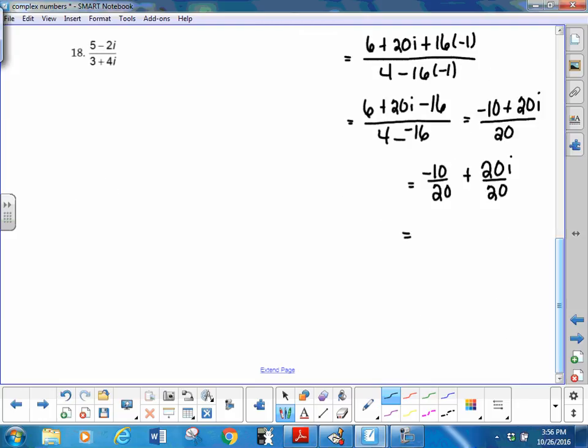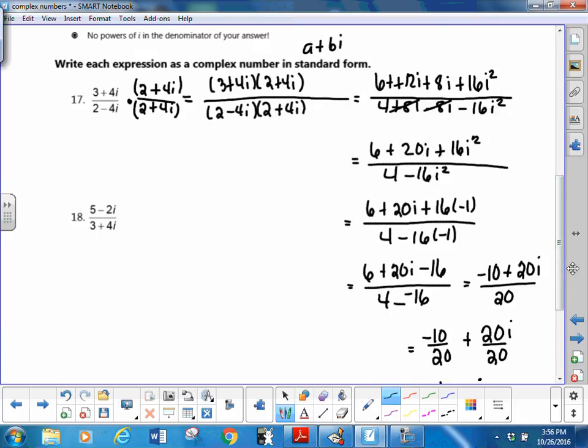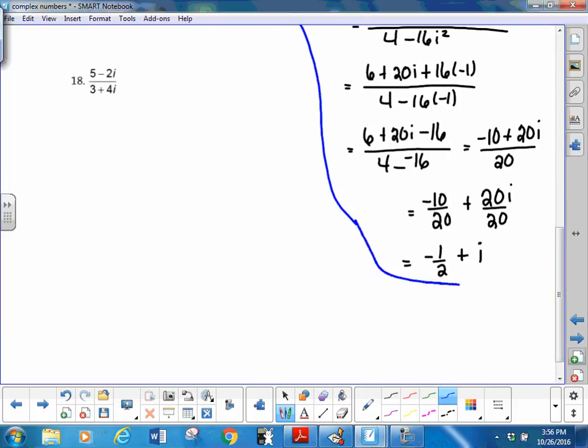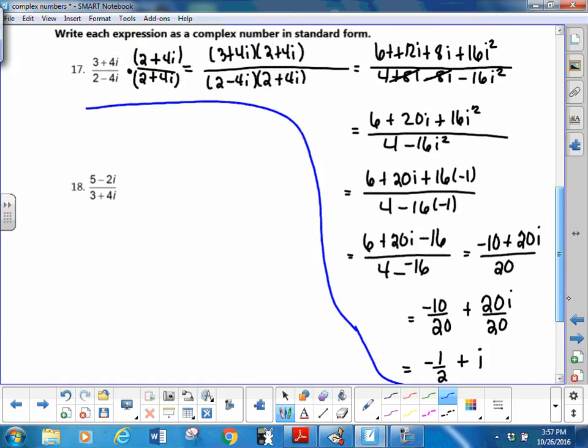And then it's pretty simple to see how it simplifies. 20 divided by 20 is 1, so that's just 1. That's the answer to that. After you've had a little bit of practice, it won't take that many steps. I just wanted to show everything.